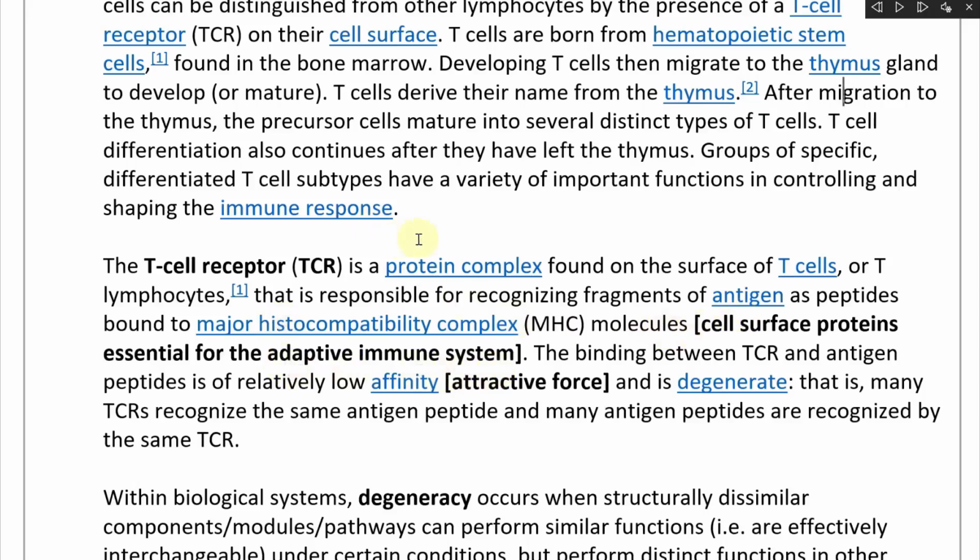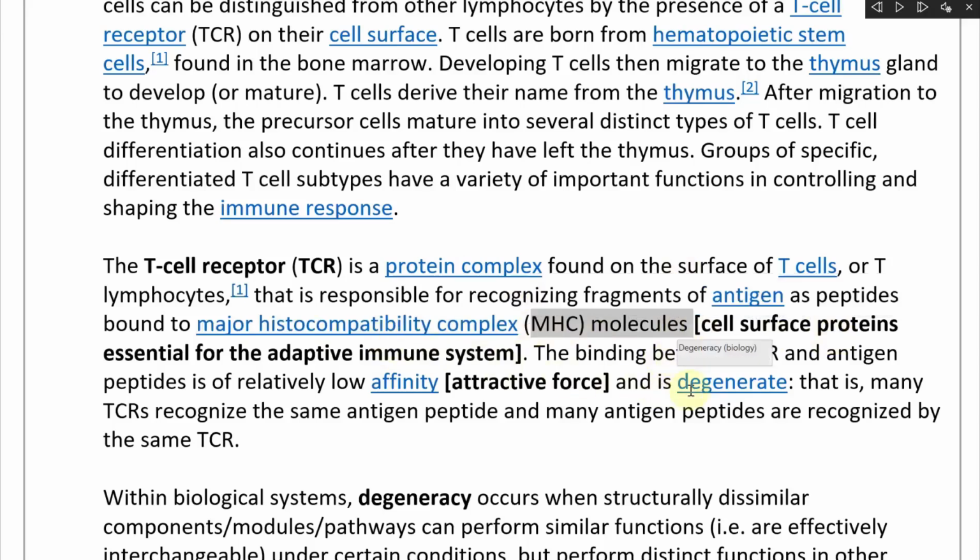So basically, it's recognizing these fragments of antigen, peptides, bound to these other molecules right here, which are also cell surface proteins.